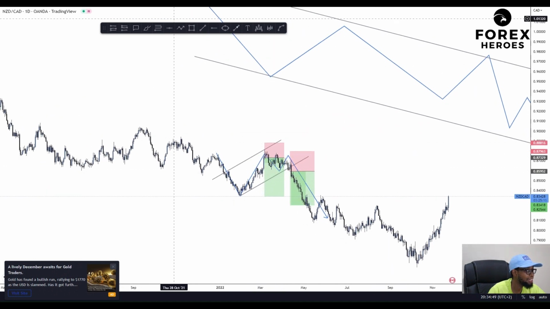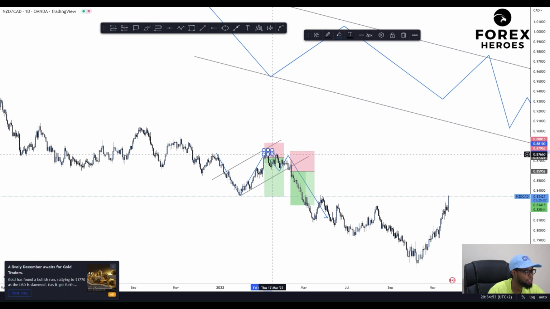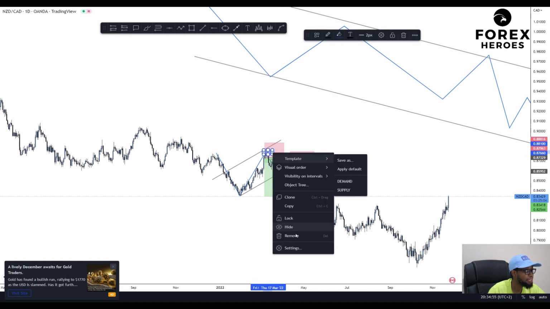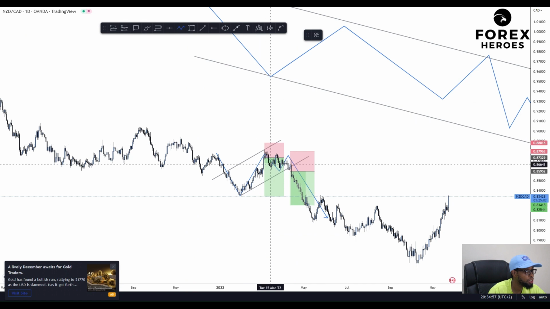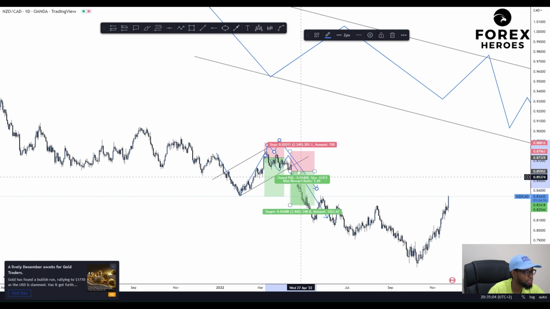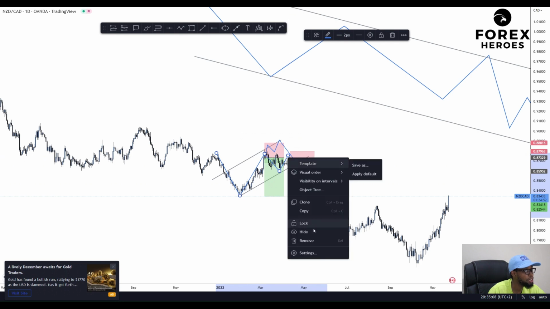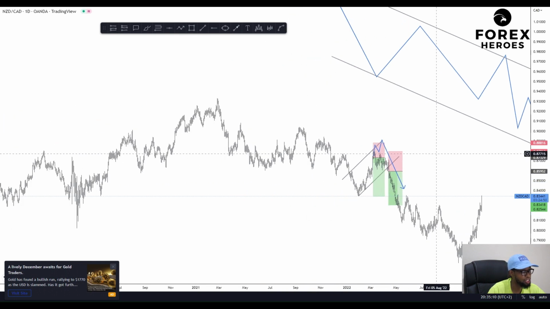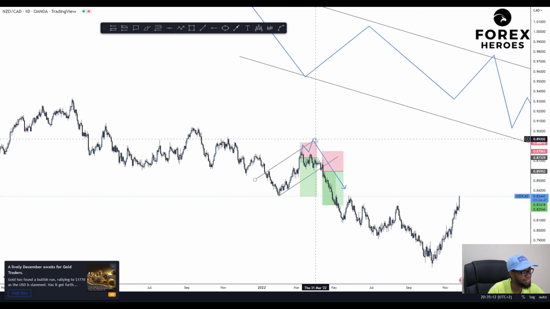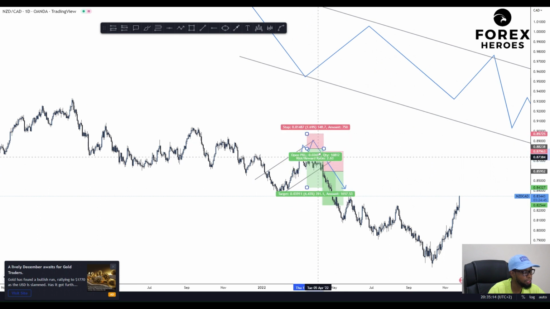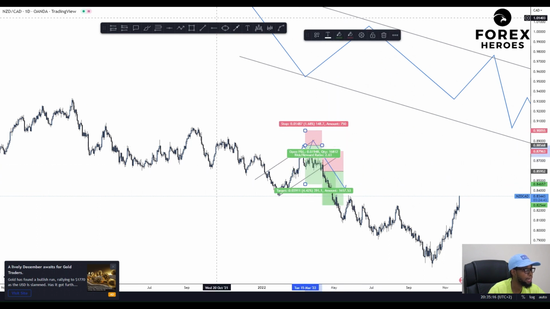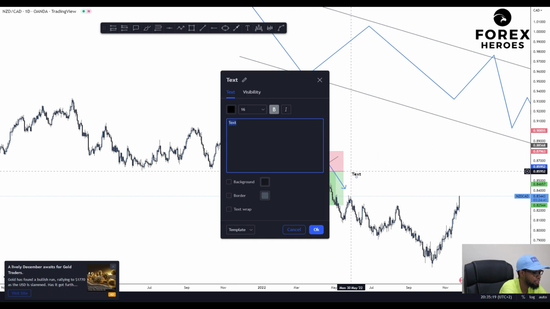Sometimes you can enter here and the market decides to push a little bit further, and you find you put your stop loss much closer, then they hit your stop loss, then they go in your direction. So this will be a risk entry at the top here, and here will be a reduced risk entry.